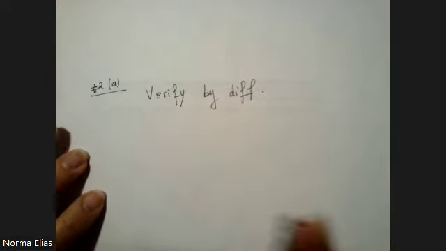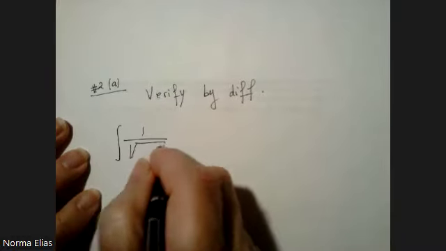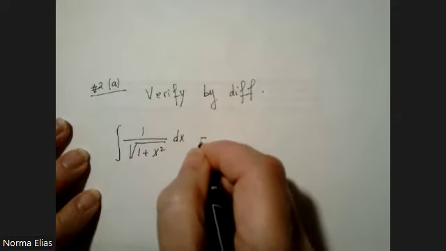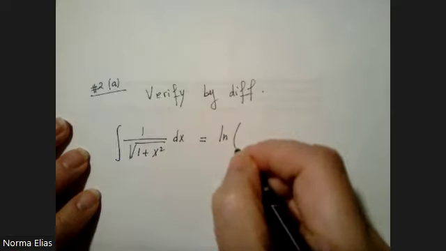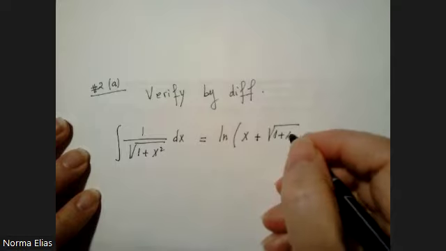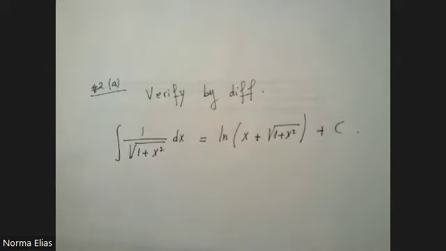Okay, so I gave you the following: integral of 1 over the square root of 1 plus x squared dx equal to ln of x plus this. Question is, what does this mean? What am I asking you to do?